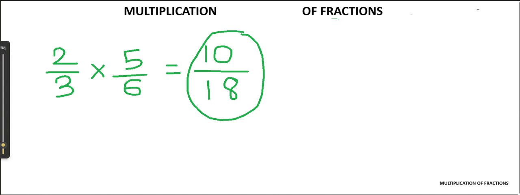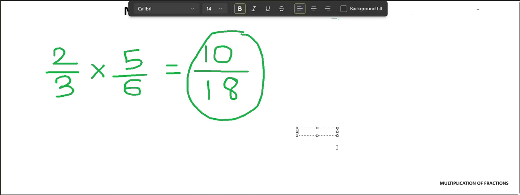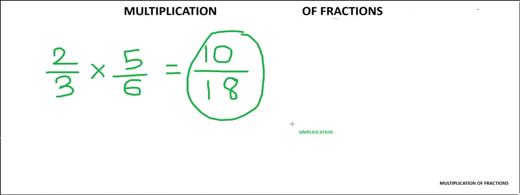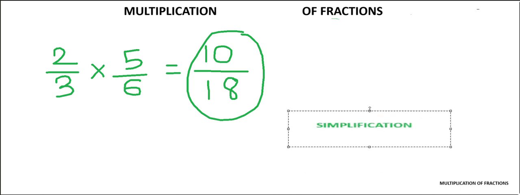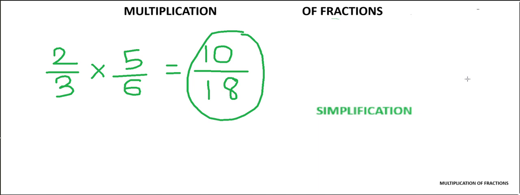There is another new term which you are learning. So that is called simplification. Simplification or simplify. What is simplification? Simplification is to turn a bigger term into a smaller term. That is known as simplification.